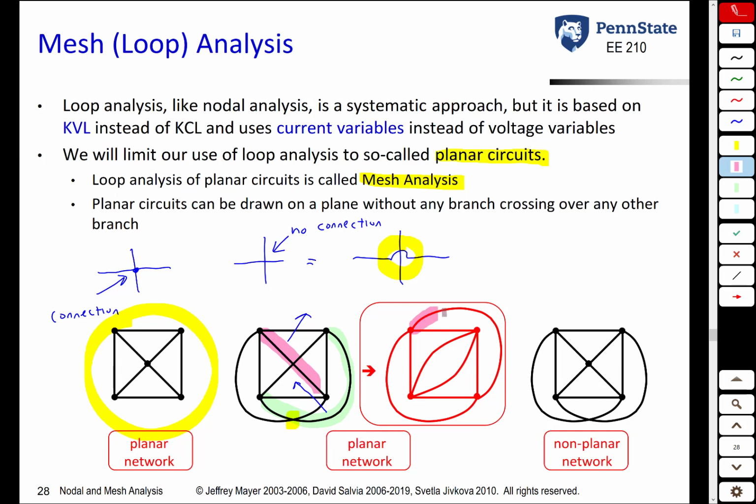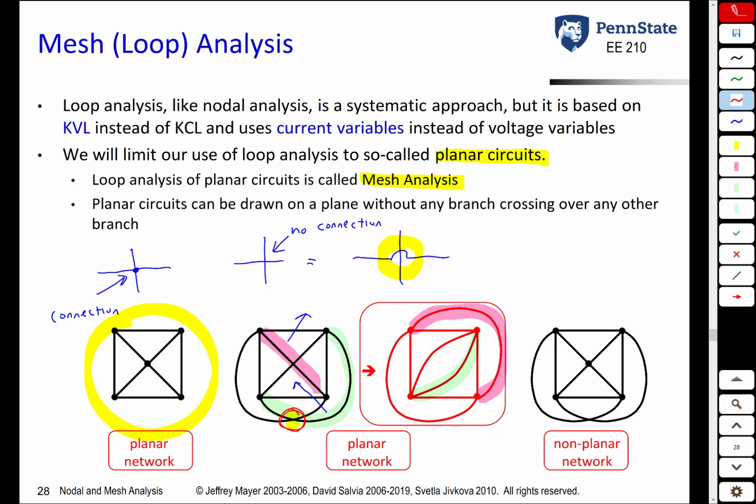The wire you moved out goes there, the wire you move in goes there, and the rest of these wires are where they were before. So notice the second circuit, even though it looks like it's non-planar because of this, it can be redrawn flat, so it is also a planar circuit.